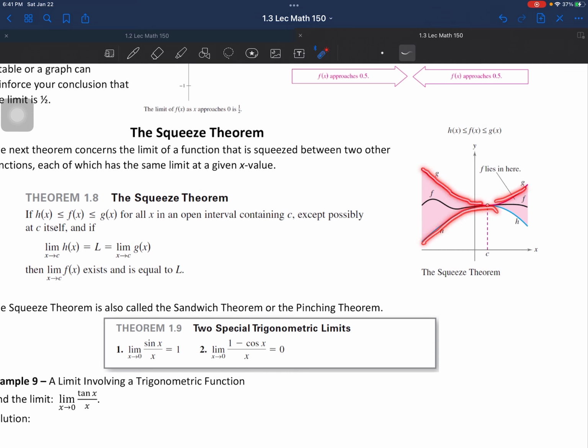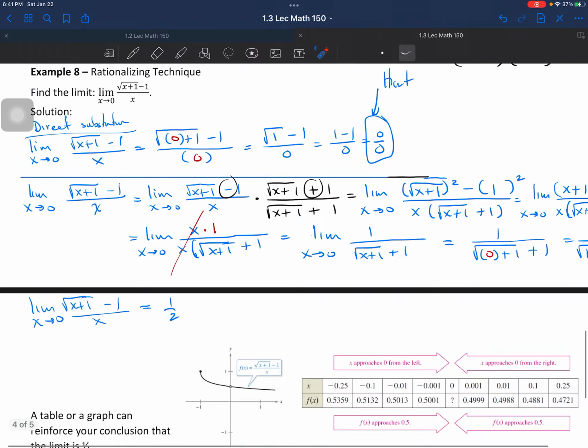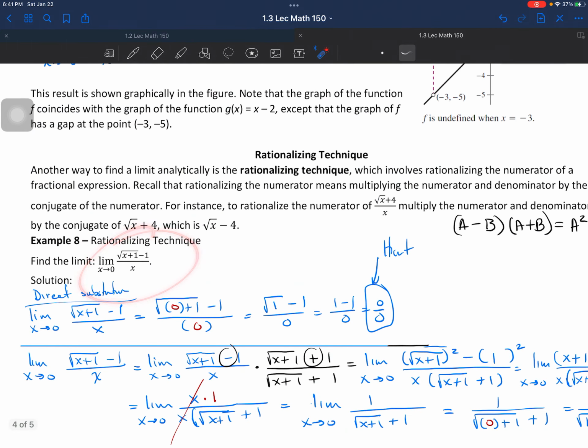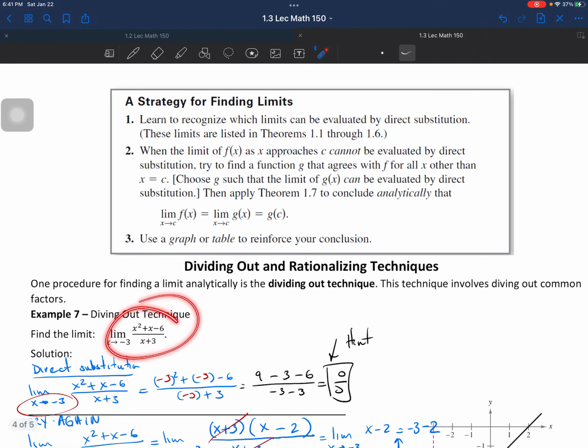So let's pretend that g and h are two functions that you know how to find the limit of. As we've seen here, there are some cases where the limit is too hard to find, where you have to do more work to find them.